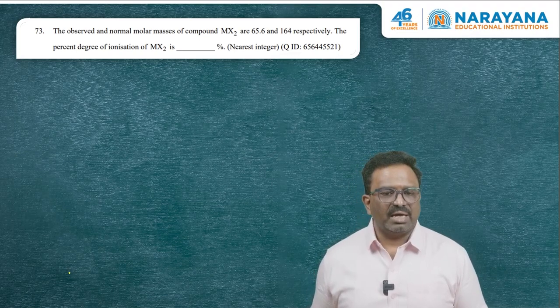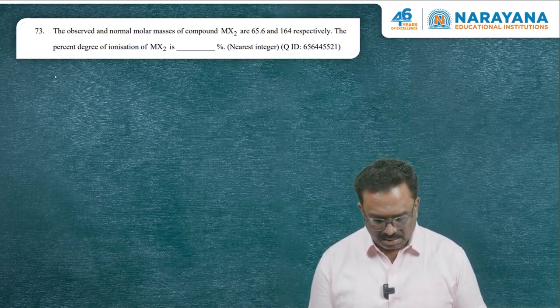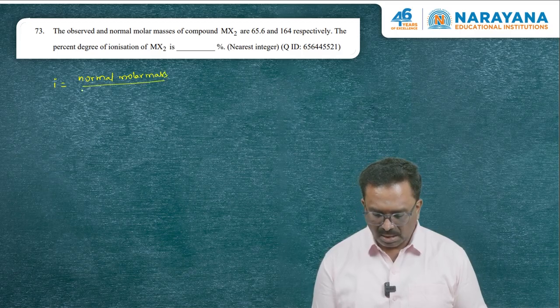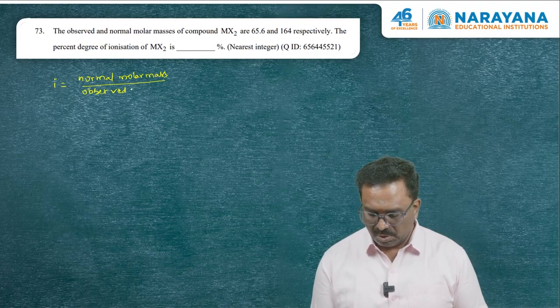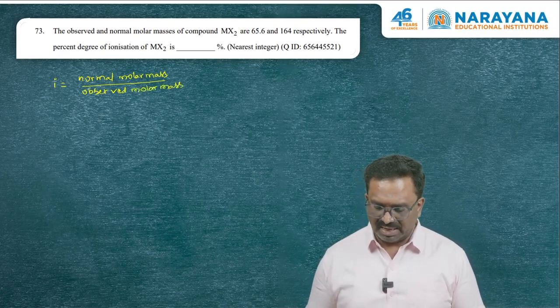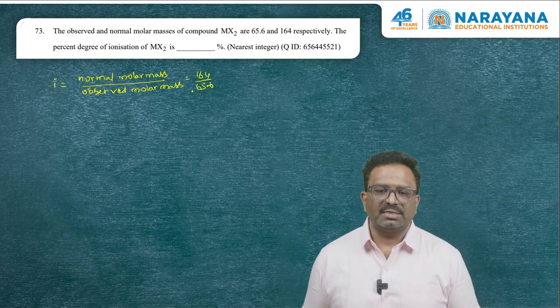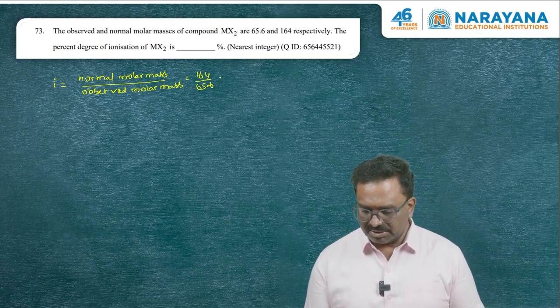So we can identify here i, that is the van't Hoff factor, is equal to normal molar mass by observed molar mass in the solution. This is the van't Hoff factor. So what is given is 164 by 65.6.